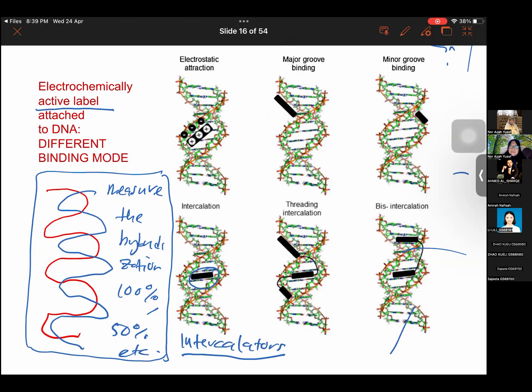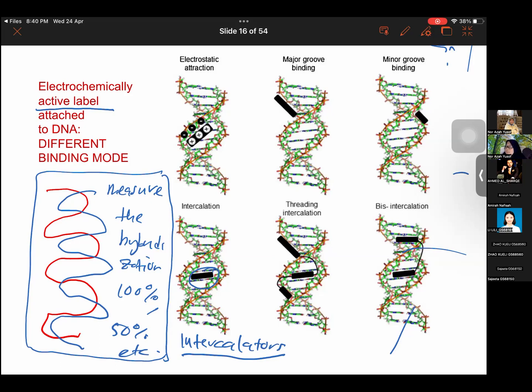The same thing happens: if you have a good, complete hybridization, then you have a lot of intercalators inside the double helix, shown as a higher current. If there are fewer intercalators, meaning less hybridization, the current is low.